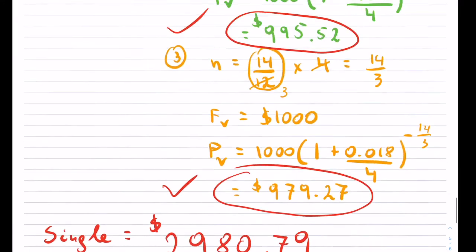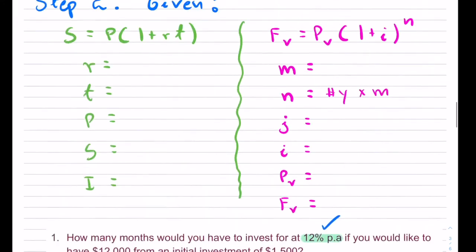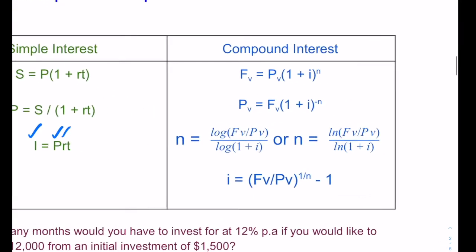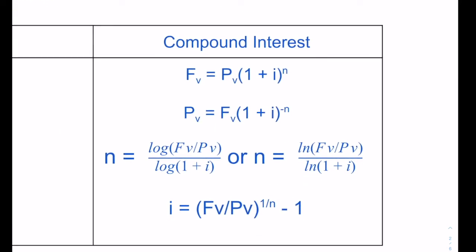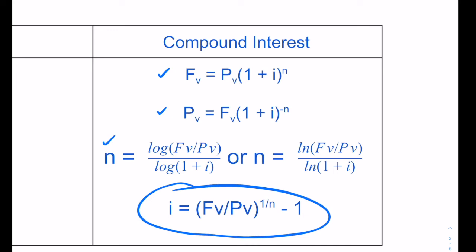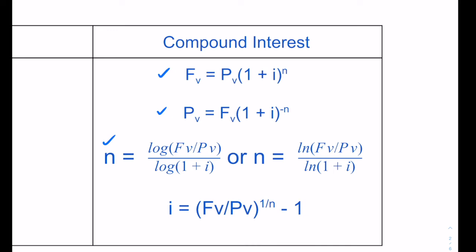We know this is a compounding question, and now what am I solving for? I have the future value, I have the present value, I know n, but I don't know I. So that's the formula that I would have to use in order to make this work. That's what I'm going to choose.